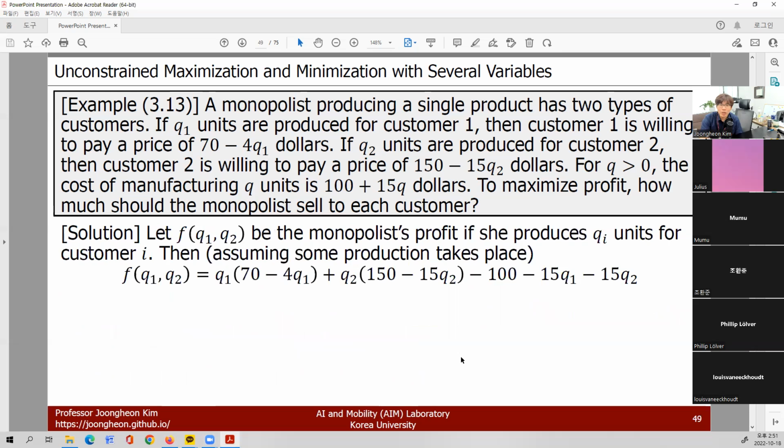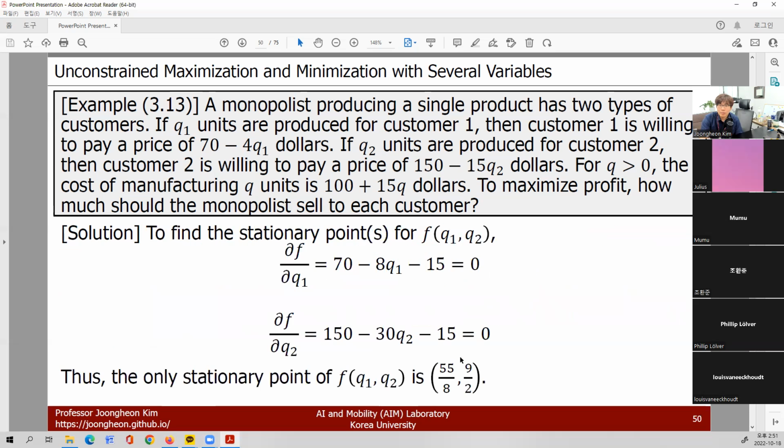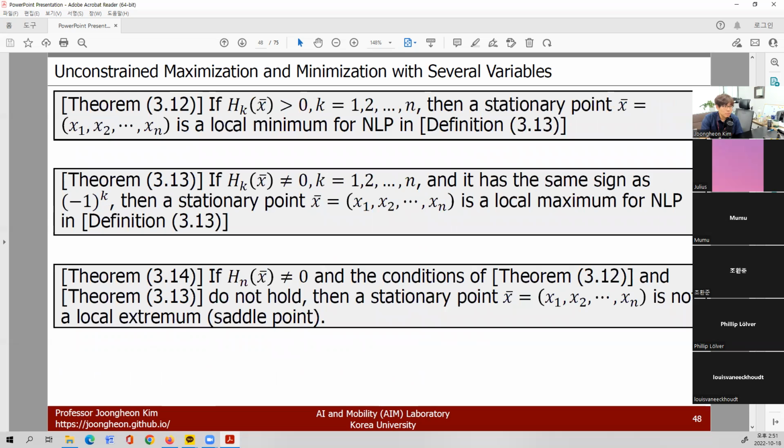So here, I told you that if this is positive, this is non-negative, okay? And then it has the sign of -1 to the k, which means that if the first principal minor is negative and the second principal minor is positive, then I told you that it is a concave function. In the early part of this lecture, I told you that a concave function is for maximization.